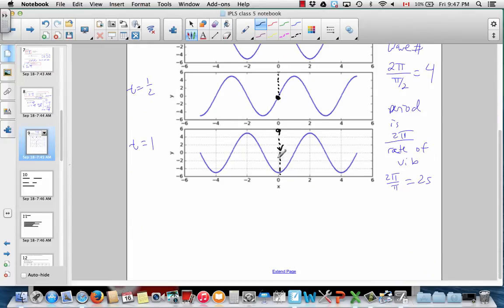So if you're sitting at x equals 0 and waiting for a full wave cycle to pass you, then at 1 second, you're only halfway there. So we can see that 1 second is indeed a half period. So we expect a 2 second period, which is exactly what we got through this calculation. No surprise.